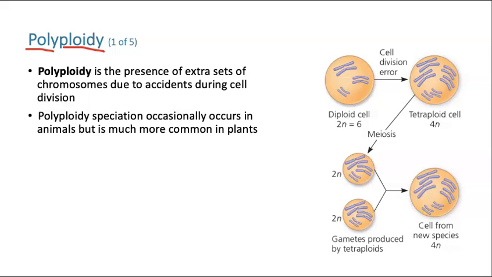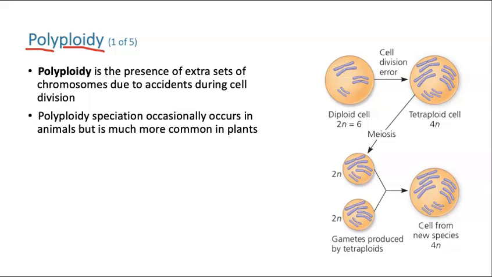Sperm and eggs. And because that's true, plants can figure out how to do polyploidy, whereas animals have a much more challenging time of getting around this very large mutational error.